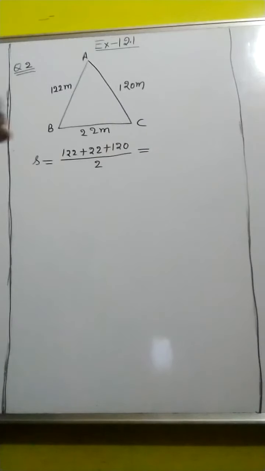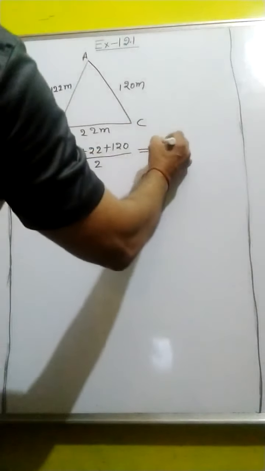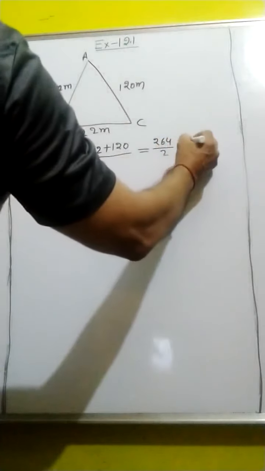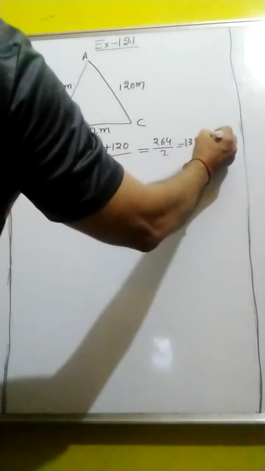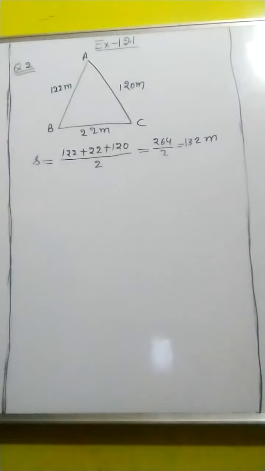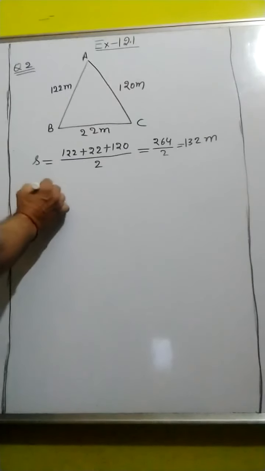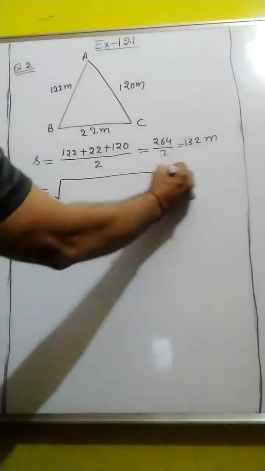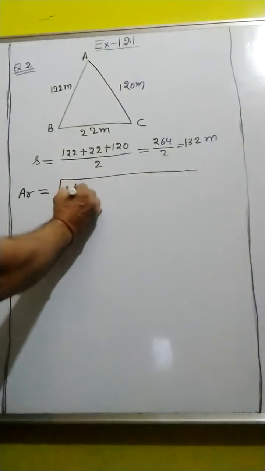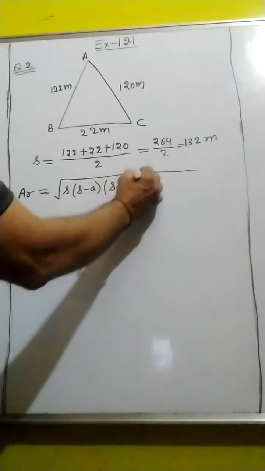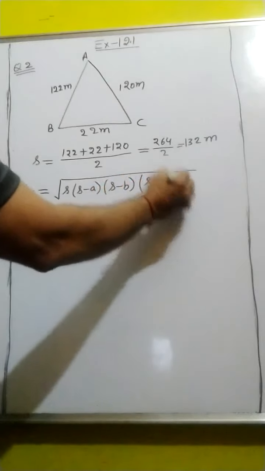So this sum will be 264 divided by 2, that is 132 meter. Now we have to calculate the area by using Heron's formula. So area will be under root s into s minus a, s minus b, s minus c.